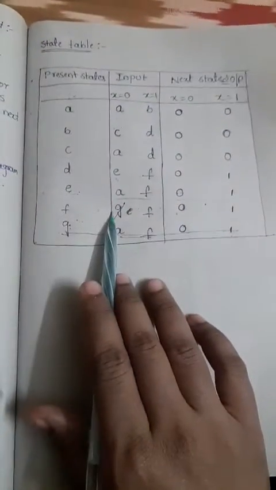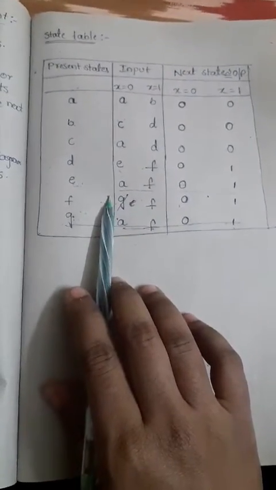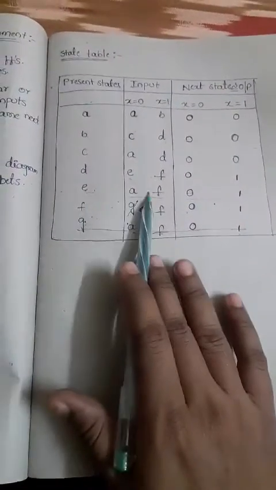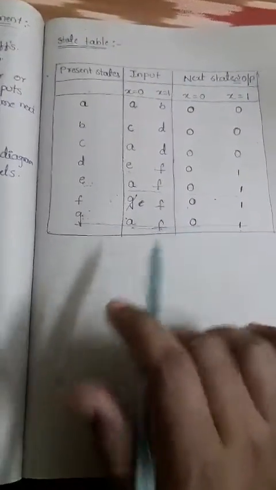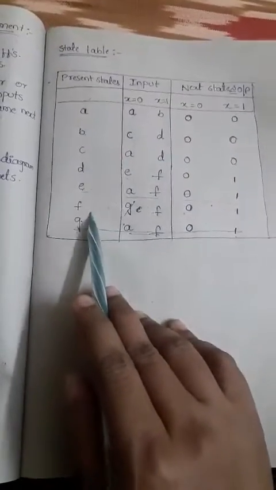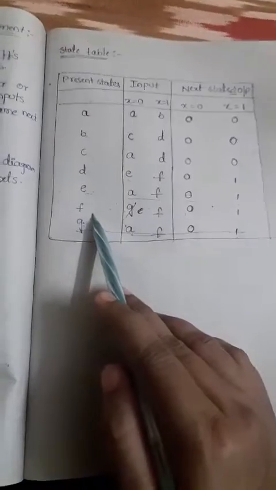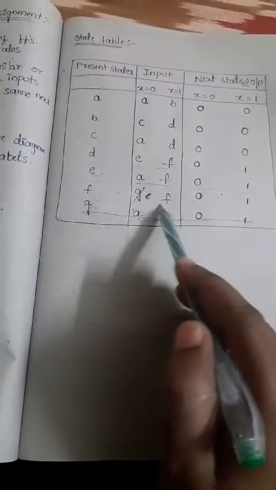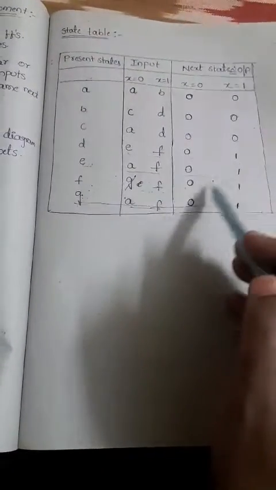Now again we'll observe whether any other states are similar, after eliminating this G value. Now you can observe here that D and F are similar. F is eliminated and replaced with D, because here D is having EF and F is also having EF after eliminating G, and the output values are 0 1 0 1.